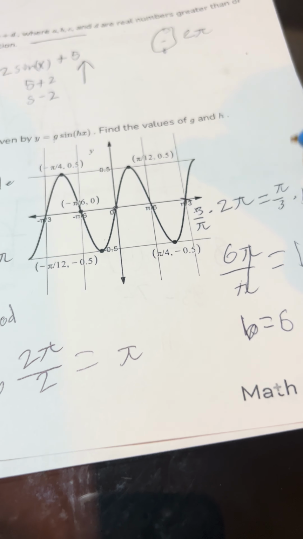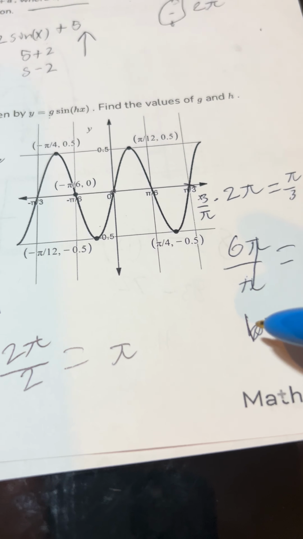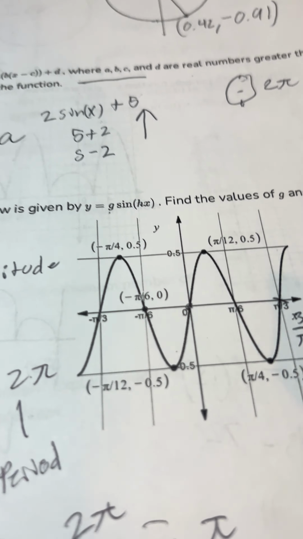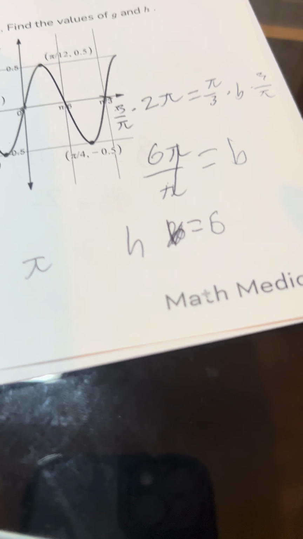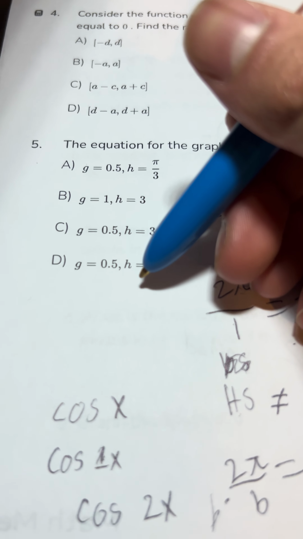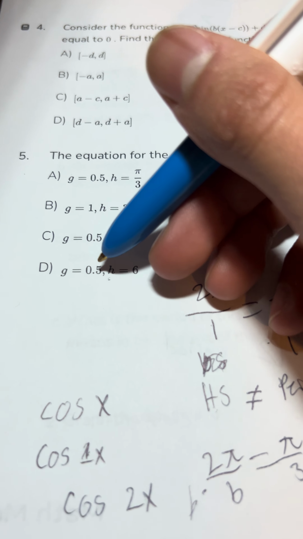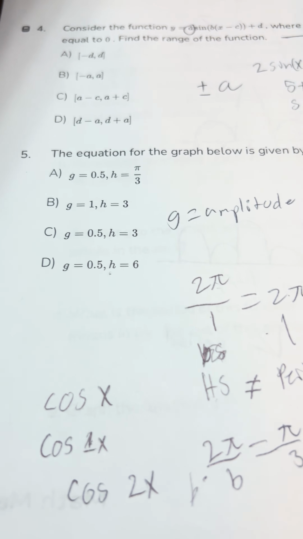So in this case, I chose b. Normally it wouldn't be b, it would be whatever this is, but in this case, it would be h. So really, h is equal to 6. And now we're going to look over the answers. Which one of these says h is equal to 6? This one. Now, if there was more than one of these, then we would be solving for g.